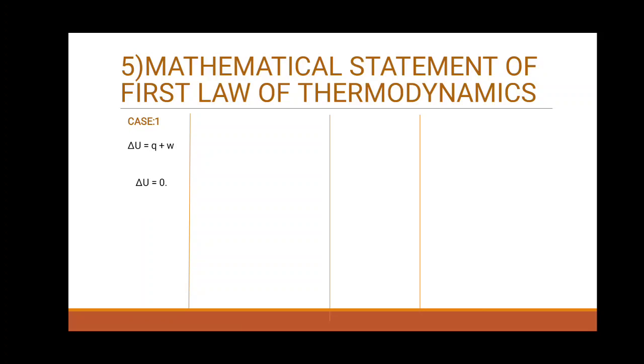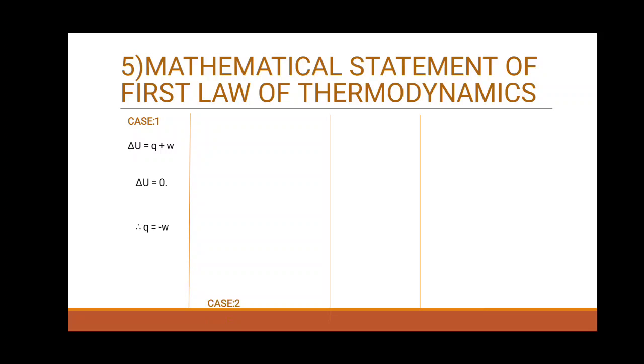Del U equal to 0 means the right side W will come to the left side. So what will happen? Minus W. So Q equal to minus W.